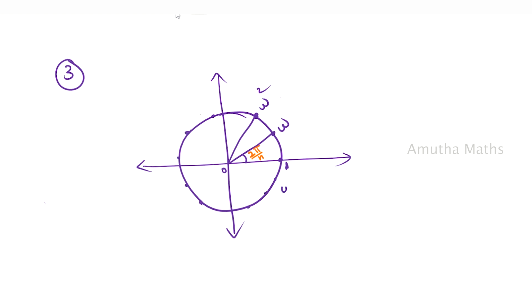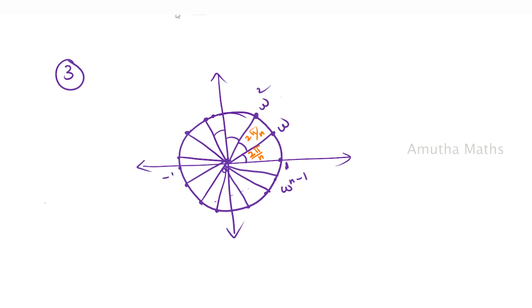Here omega power n minus 1. Okay. So here this angle will be again 2 pi by n. So this will be again 2 pi by n. So then this angle, then this angle. So all the n roots, okay, it goes on like this. So all the n roots of unity differ by an angle of 2 pi by n.